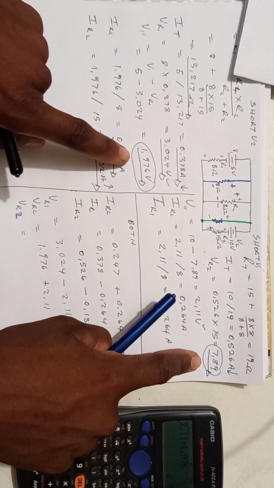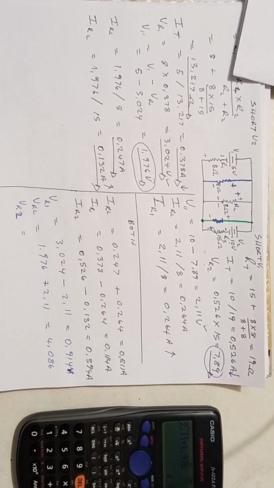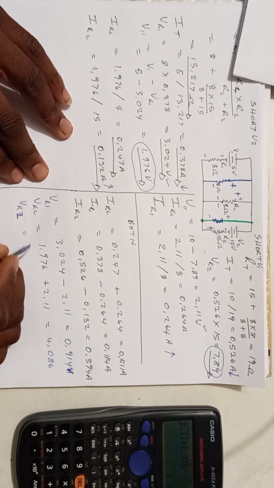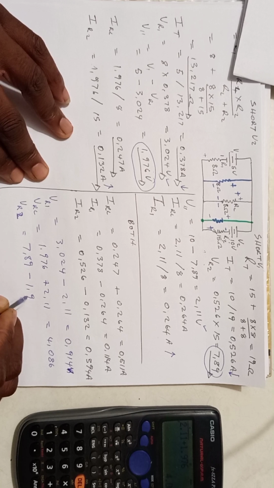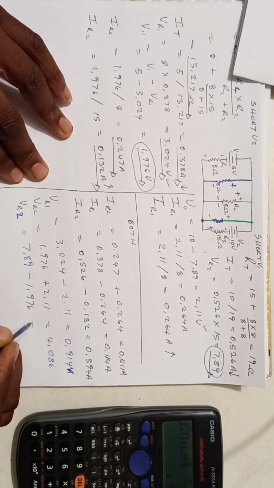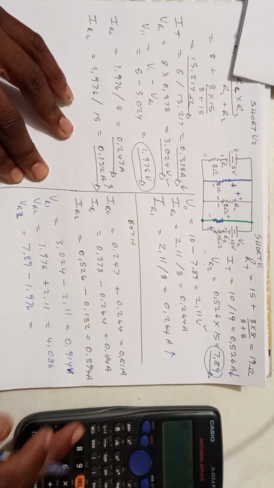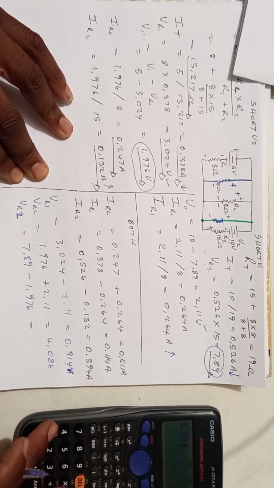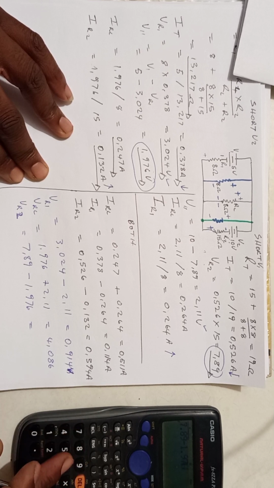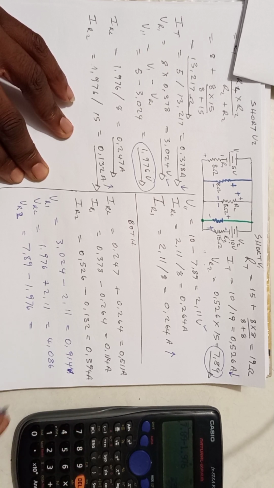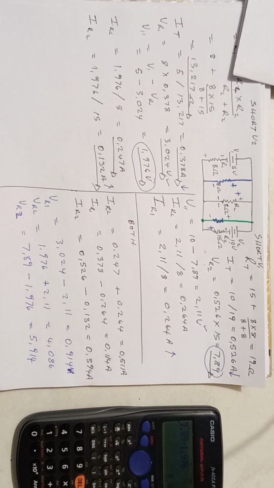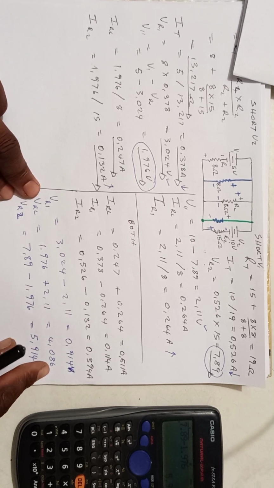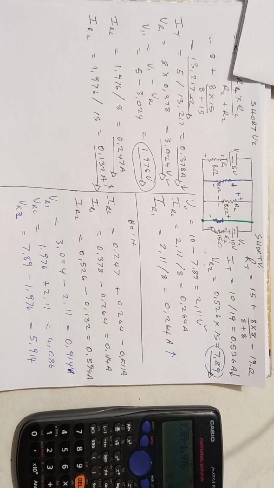Since the polarity is not the same, we take that one, then we minus. So 7,89 minus 1,976 is equal to 5,914.